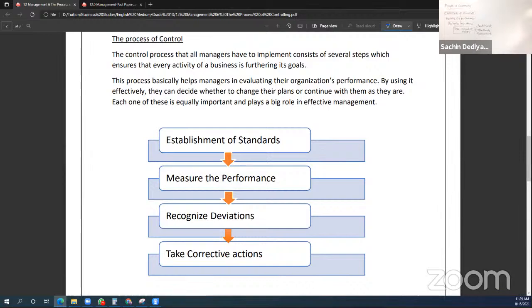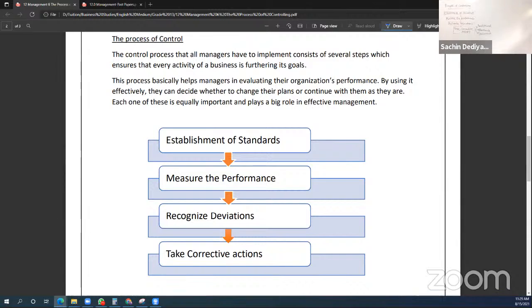Now you have studied that planning is the core step in management. It's like the foundation, because you cannot have an organizing step without having a plan. You cannot have a leading process without having organizing.